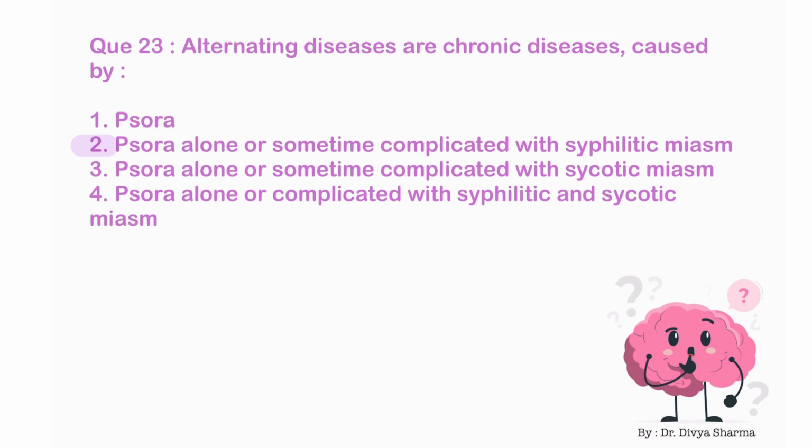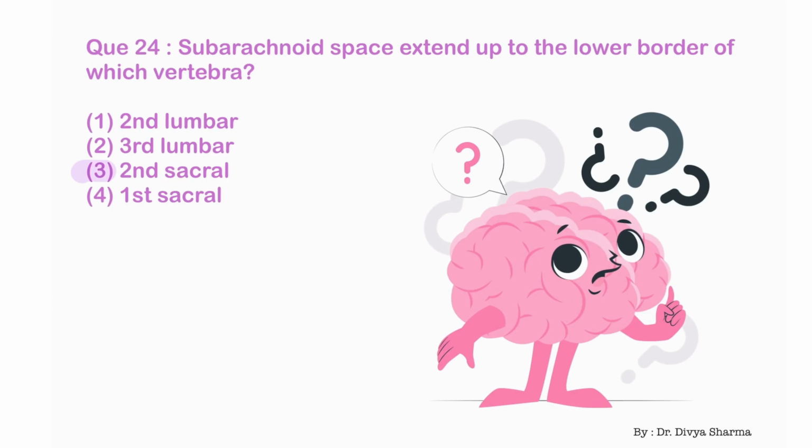Alternating diseases are chronic diseases caused by. Now this statement has been given in aphorism number 232. It states that alternating diseases are chronic diseases caused by psora alone or sometimes complicated with syphilitic miasm.